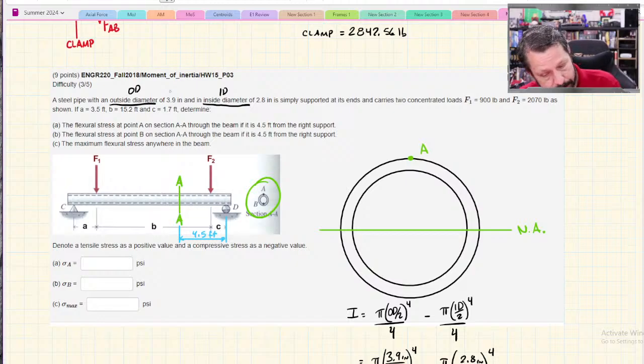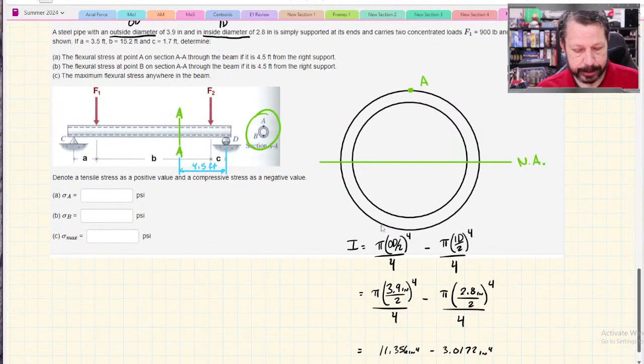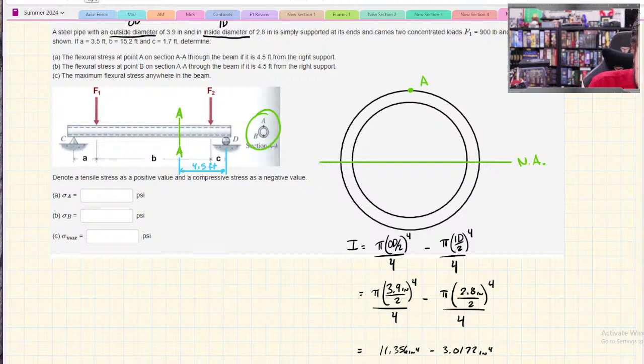Now, in order to do that, I either need to know the reaction at C or the reaction at D. Why don't we work with the right-hand side since it's a little bit shorter, and we'll do the reaction at D. To get the reaction at D, I can take the whole beam, summation of moments about C, the pin.